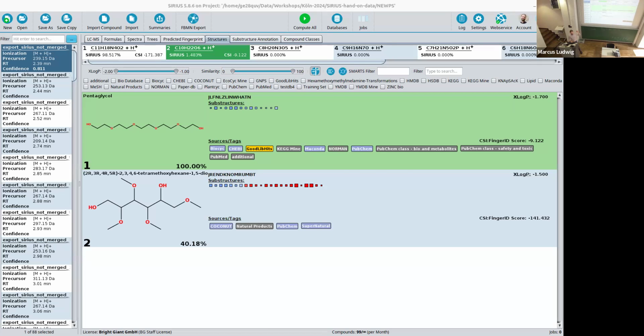So if you have different features in a list, this is completely independent, except for Zodiac, which optimizes molecular formulas, but for all the other steps, each feature in the list is independent of each other feature in the list. So Sirius doesn't integrate all these features in order to get better results.